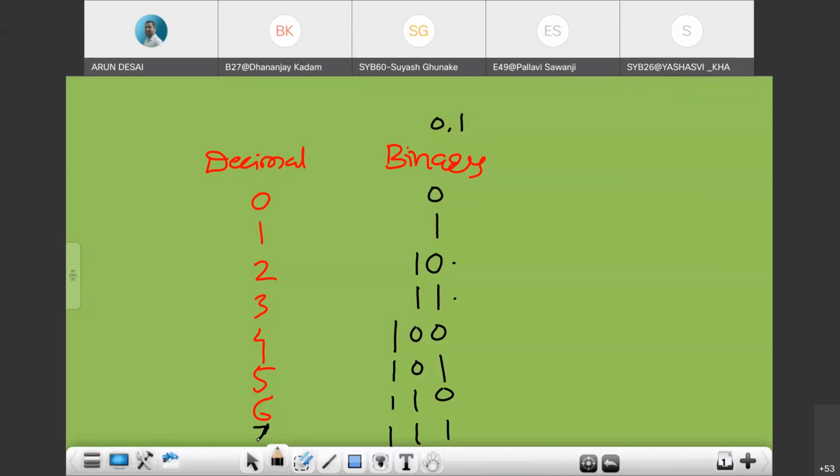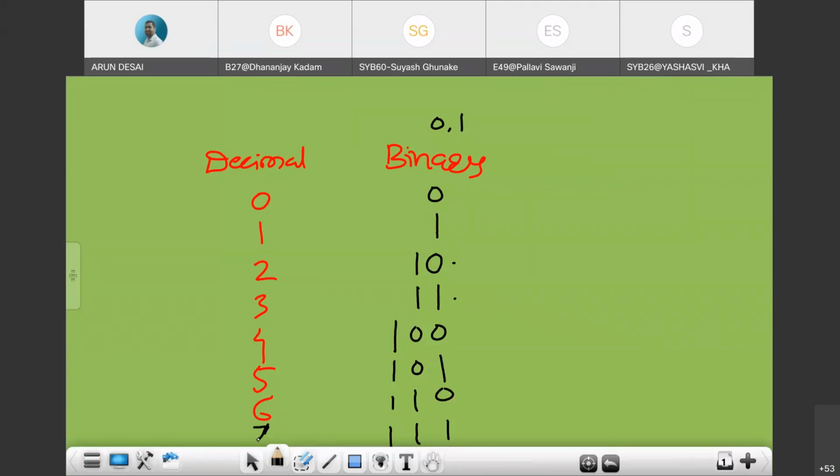The first two numbers are 0 and 1, then we start using patterns for binary, right? So this is how you count binary numbers. Decimal numbers are counted in binary as on your screen, right? So this is about counting.